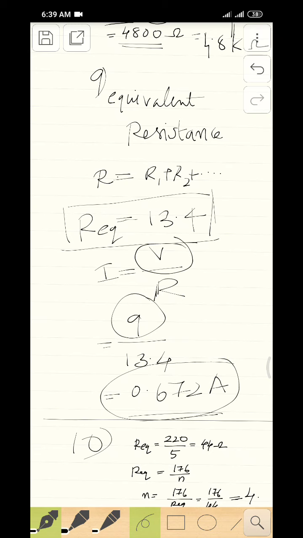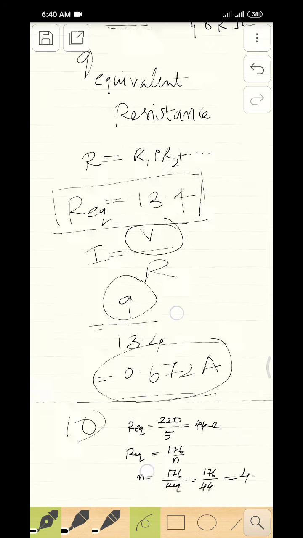The same value of current will pass through the resistors if they are connected in series. So the current passing through the 12 ohm resistor will be equal to 0.672 amperes. Now come to the 10th question.